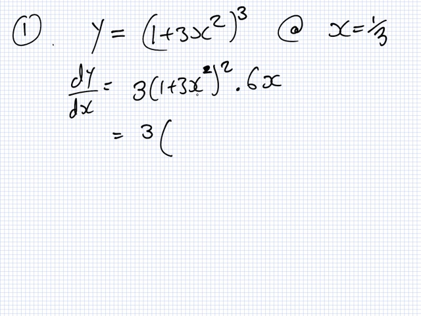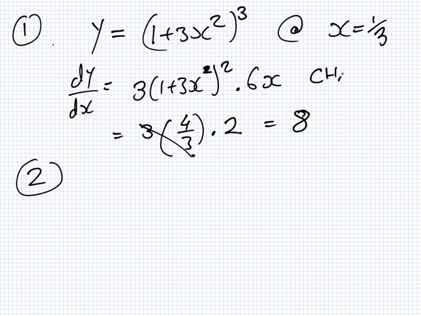So that would be 1/3 squared, which is a ninth, times 3, which is a third, plus 1 is 4/3. And then 6 times a third is 2. And the 3s cancel there, obviously, so you're left with just 8 in total. Okay, so this question is on the chain rule.